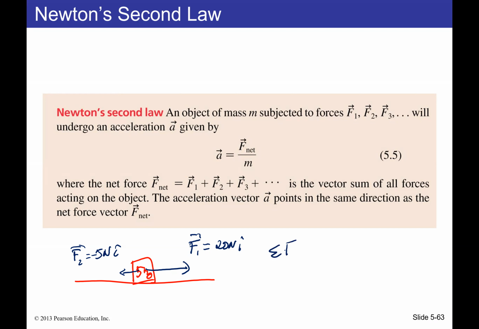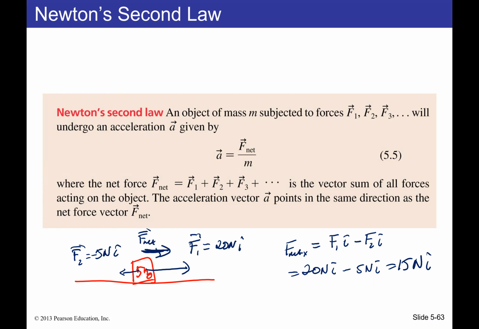Then the net force in the x direction is F1 i hat plus F2 i hat, and since F2 is negative, this is 20 newtons i hat minus 5 newtons i hat. Because both are i hat, I can add them together, so I get 15 newtons i hat. The net force is 15 newtons in the positive i hat direction.